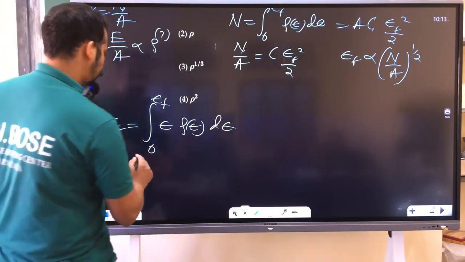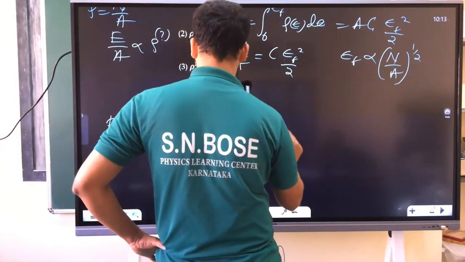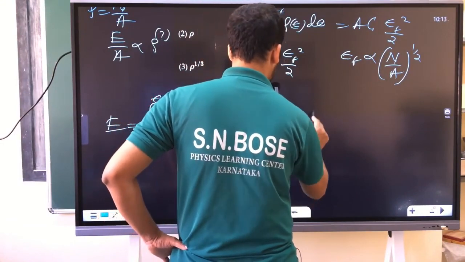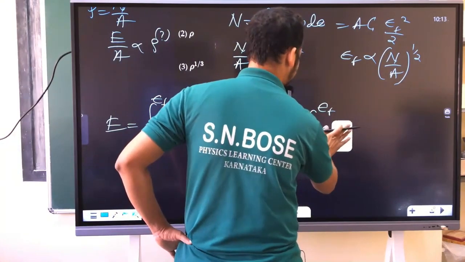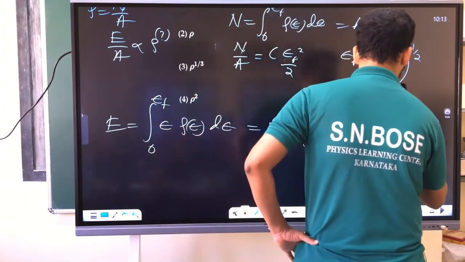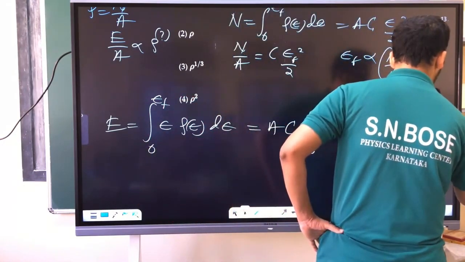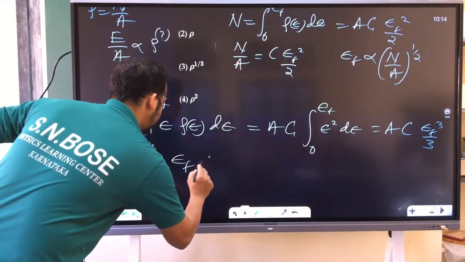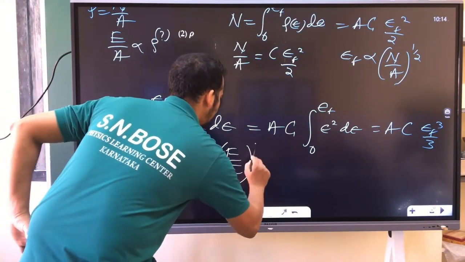So then what will happen here is area into constant into the integral from 0 to EF of E square dE, that's equal to area into constant into EF cube by 3. When you take this area here, EF is proportional to energy per unit area to the power 1 by 3.